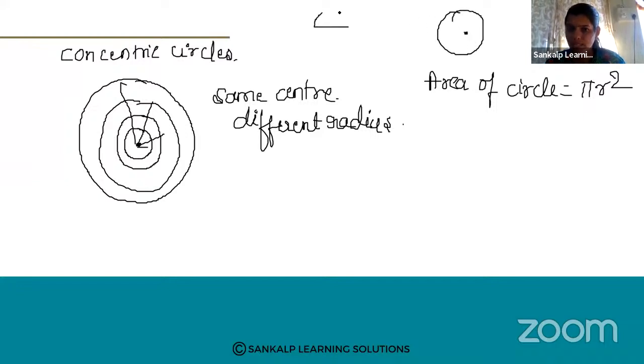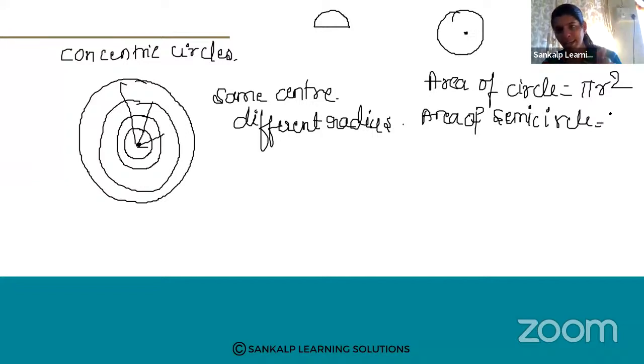How are you going to find the area of a semicircle? The full circle area is pi r square. Semi means half, so divided by 2, right? So this is the area of a semicircle.